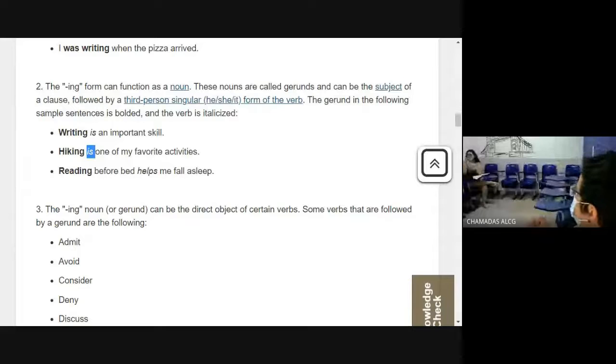Like he, she, or it. Of course, if I'm using the present simple; in the other tenses, we don't have any difference. But in the present, yes, we do, right? So writing is, hiking is, reading before bed helps. All right? This is how we do it.